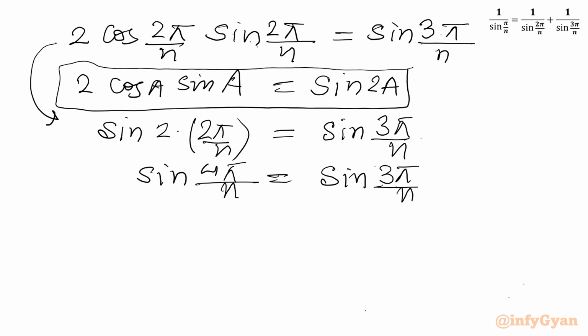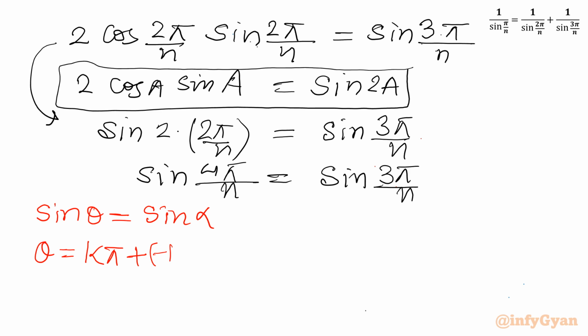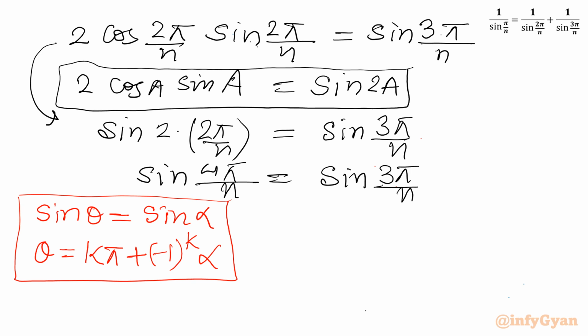Now I will write the general formula for sine. If sine theta equal to sine alpha, then theta will be equal to k pi plus minus 1 raised to the power k times alpha, which I will apply to our equation in the box.